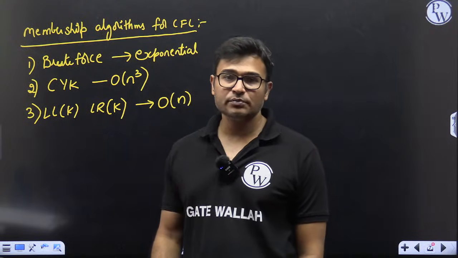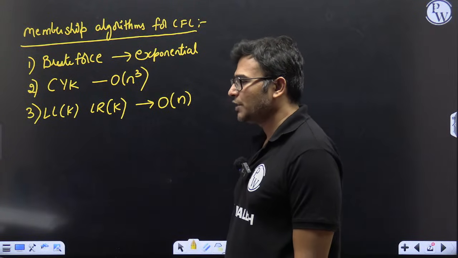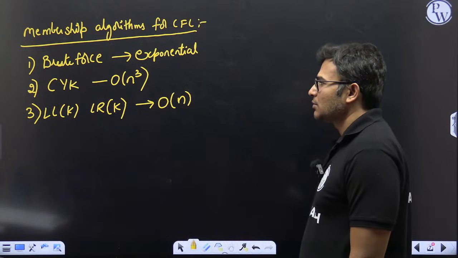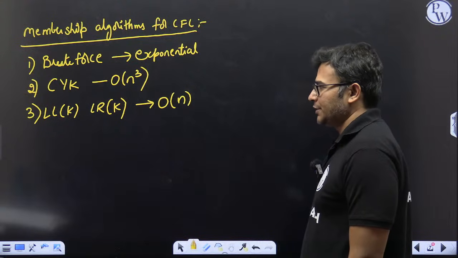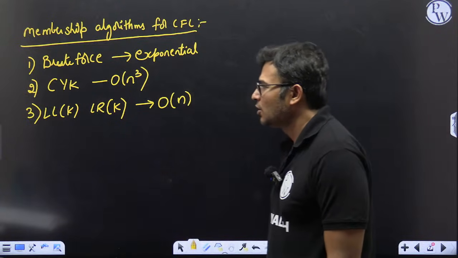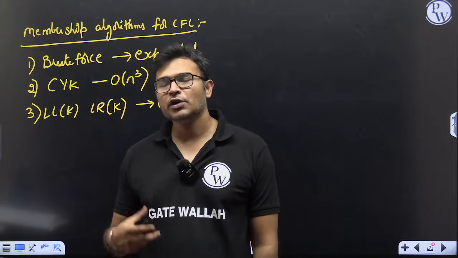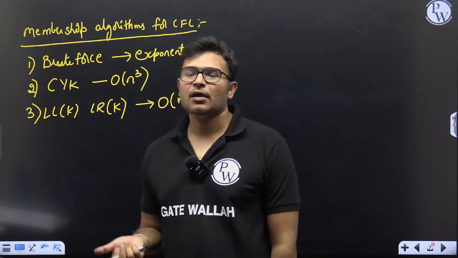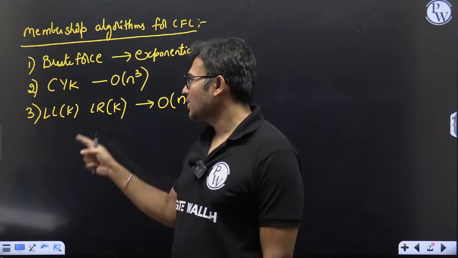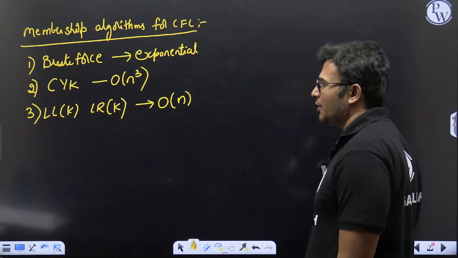But they run faster, and so we use them in compiler design, because we don't need all the grammars for programming languages. Only some class of grammars are sufficient for all programming languages, and they can be parsed by LLK and LRK. That is why we are going to use LLK and LRK.